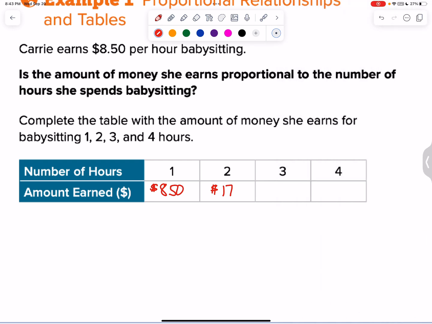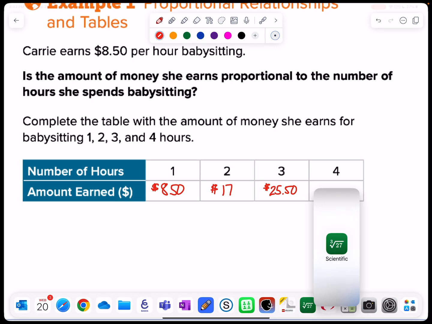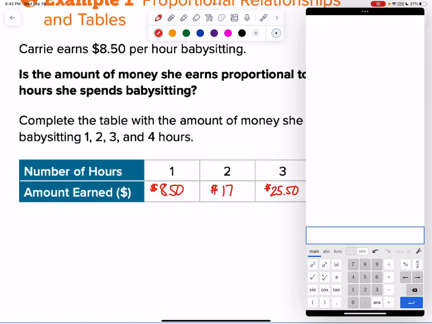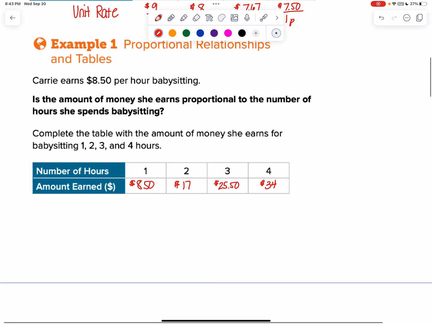So you can see $25.50. And then what is $8.50 for 4 hours? Well, let's see. $8.50 times 4 hours is $34. Okay. And so because there's no extra random things, these are proportional.